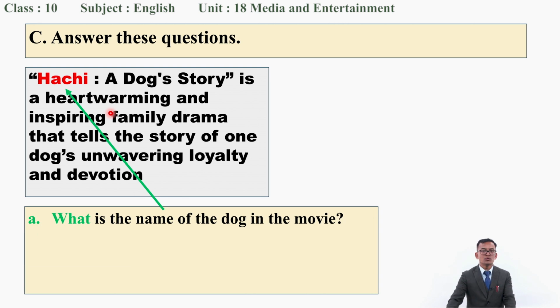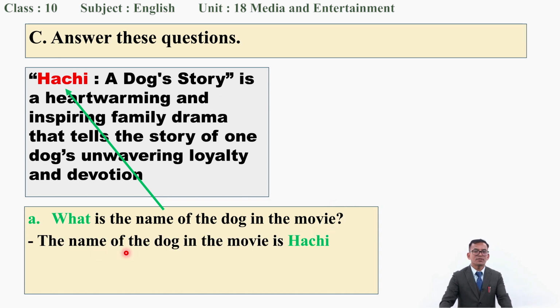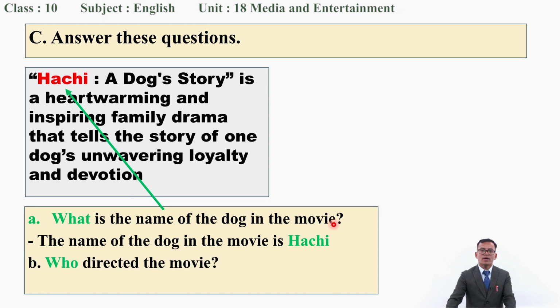So, how do you write the answer? You can follow the question's subject, like: the name of the dog in the movie is... right. The name of the dog in the movie is Hachi.